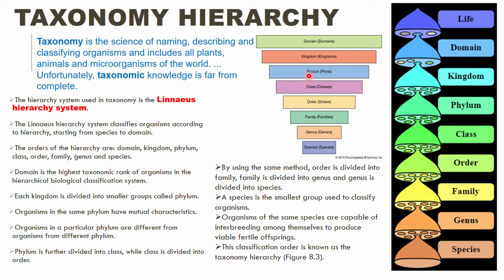For phylum, when it is plural, it's called phyla. Genus, genera. So the others should have no problem. So this is the Linnaeus hierarchy system. Jadi nama Linnaeus ini diambil daripada the scientist that started using this type of classification.